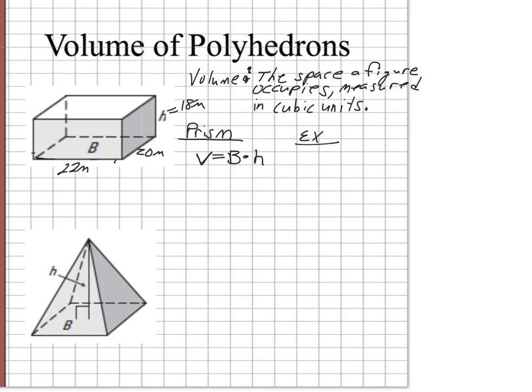And then I start working out the formula. If my formula for volume is equal to area of the base times height, the first thing I need to know is my area of the base.